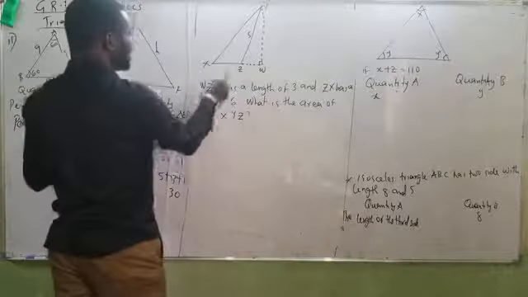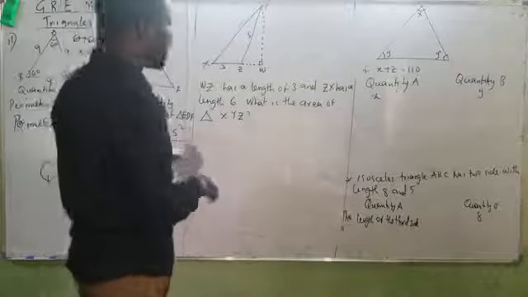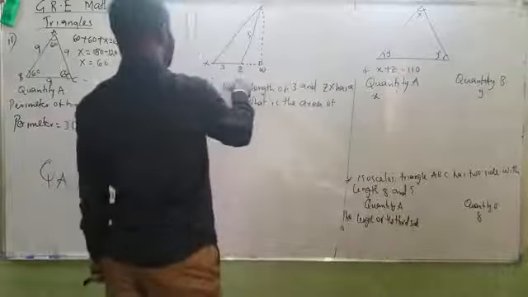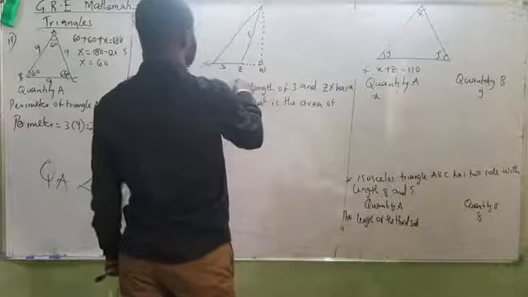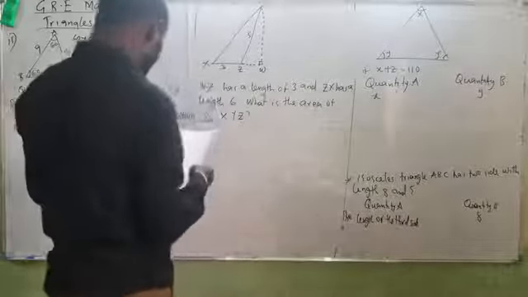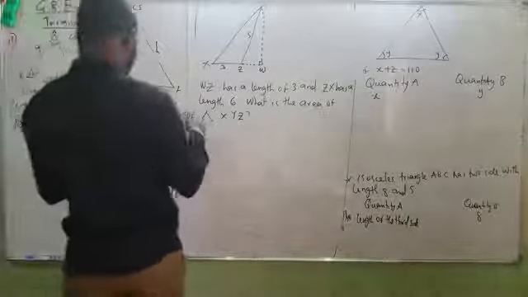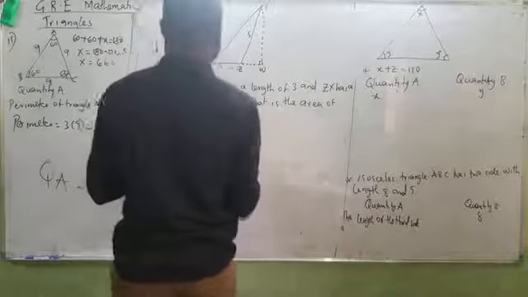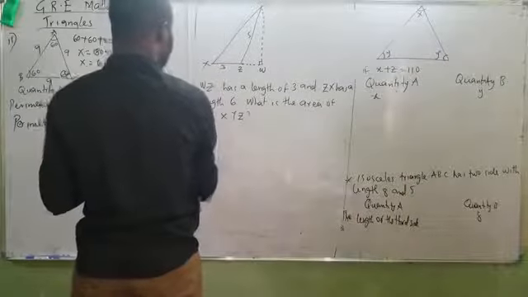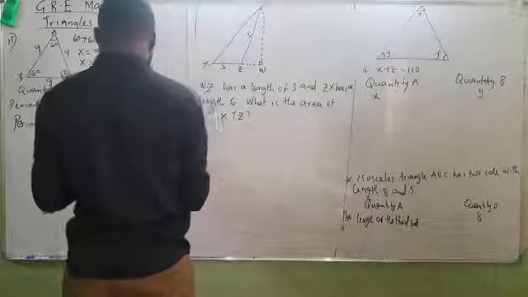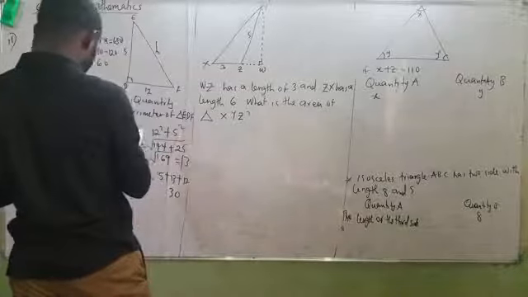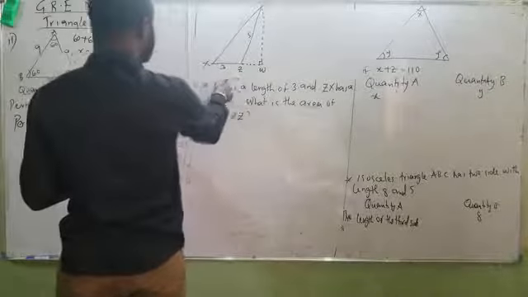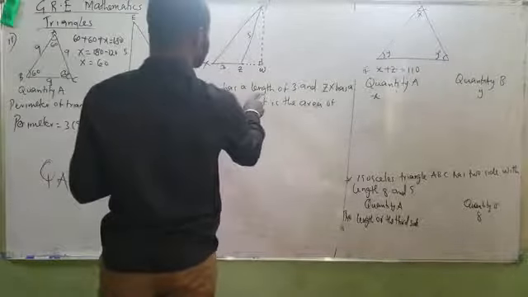It means here has a length of 3. And ZX has a label of... I think WX.